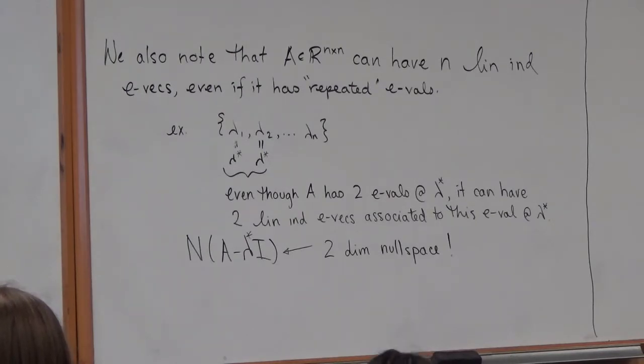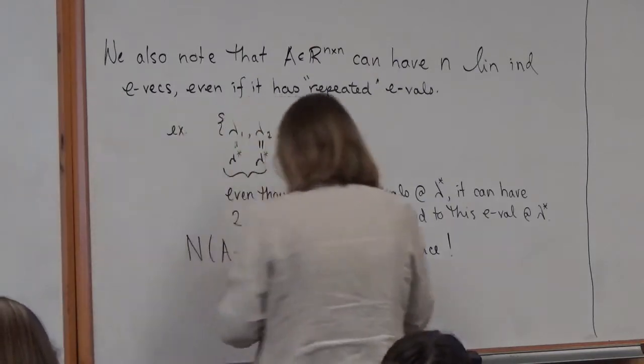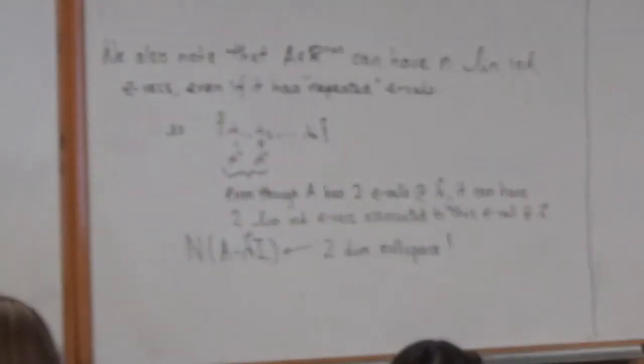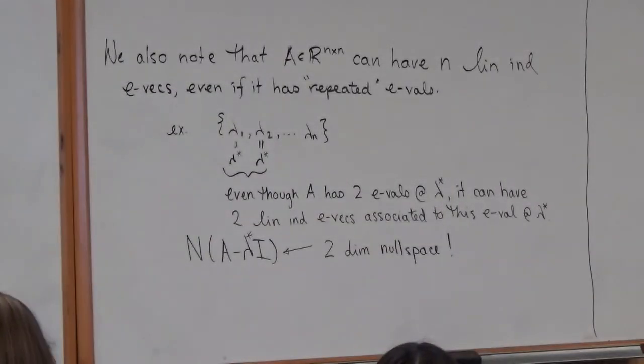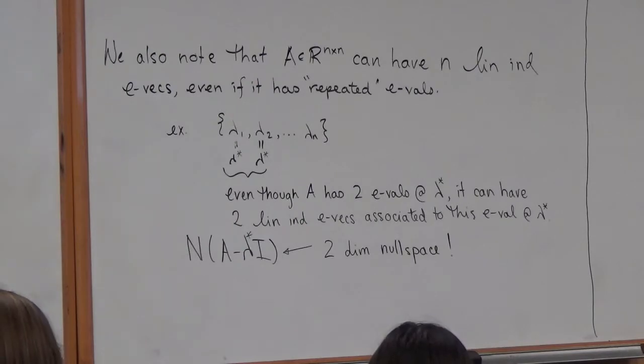That is, if it has distinct eigenvalues, you know it's got n linearly independent eigenvectors. But it doesn't need to have distinct eigenvalues. As long as it has n linearly independent eigenvectors, we still fall into case 1. Okay, so let's now talk about case 1. Let's first talk about a little bit of a geometric interpretation of these eigenvalues and eigenvectors.